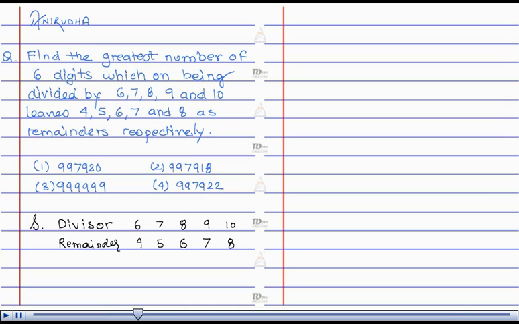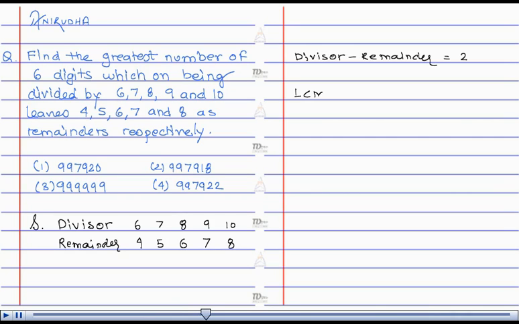In all the 5 cases, we see that divisor minus remainder is equal to 2, a constant. Therefore, we can say that the number required of 6 digits which on being divided by 6, 7, 8, 9 and 10 is the highest multiple of the LCM of 6, 7, 8, 9, 10 minus 2.